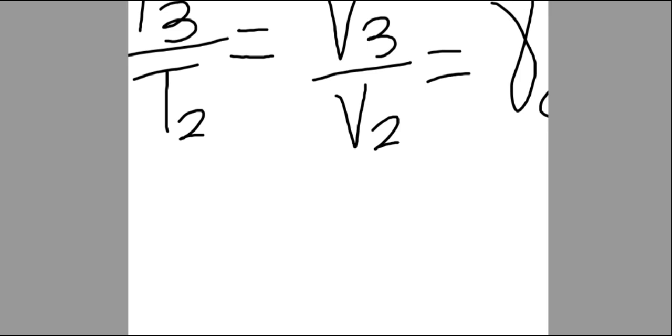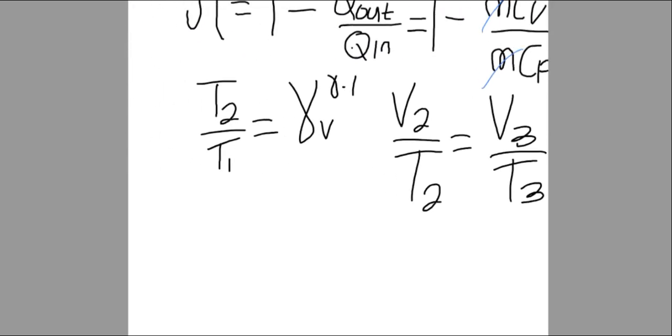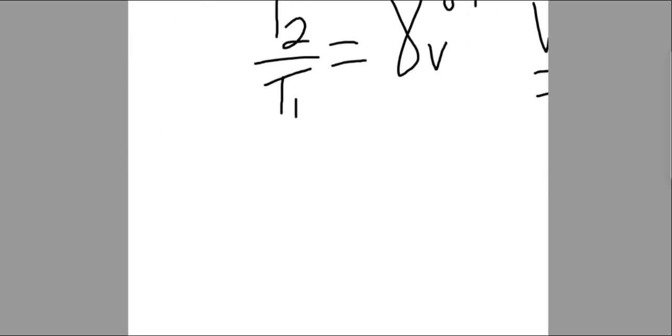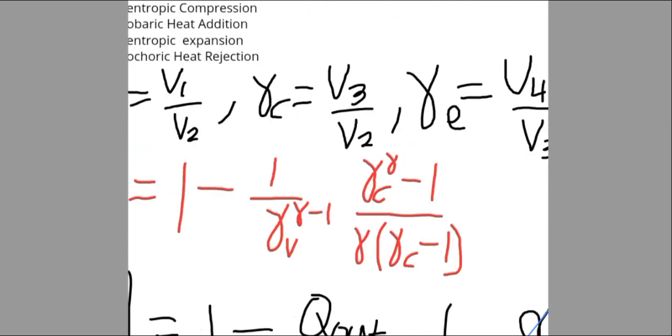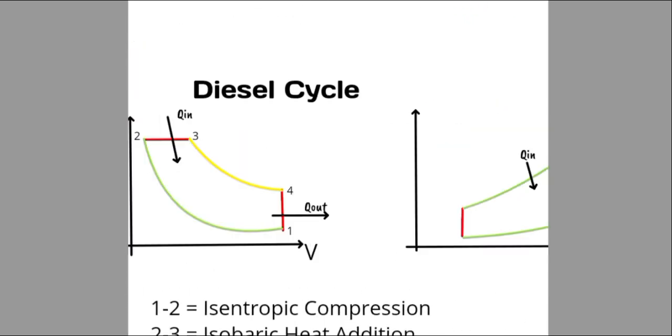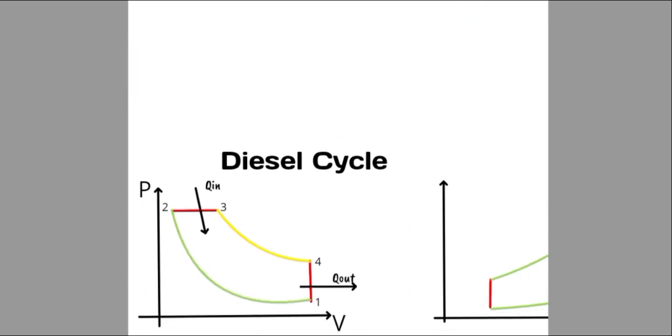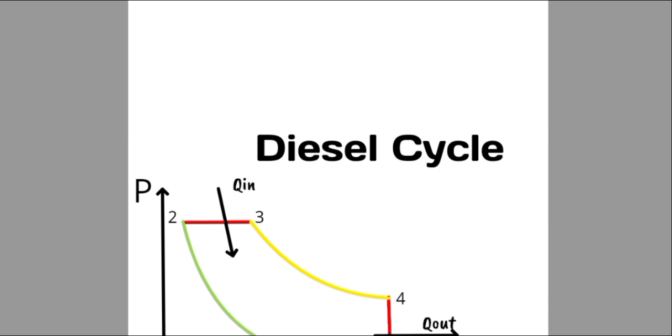So now let's talk about T4 and T3. We know that if we are to do the isentropic relationship between parts 3 and 4 of this graph, which is this yellow line that I drew here, this part 3 and 4.